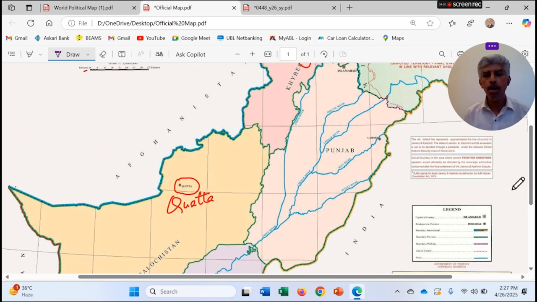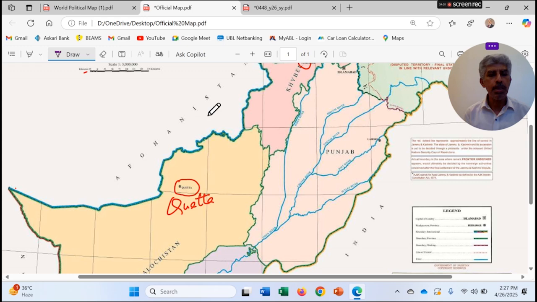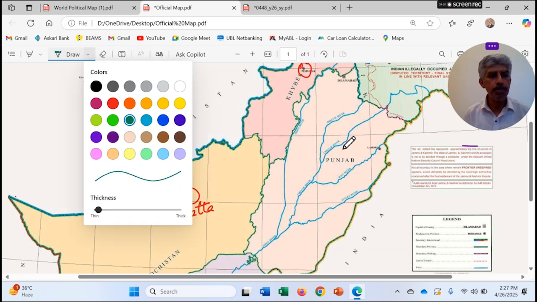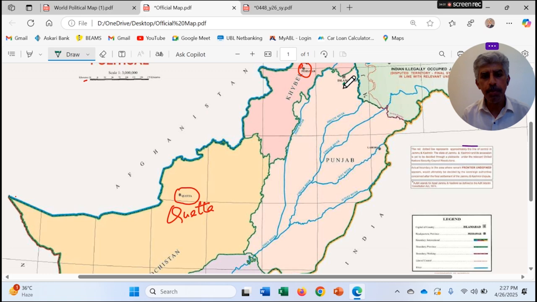Now here comes the province of Punjab. In Punjab province, one city, let me change the color, just in the south of Islamabad, this is Rawalpindi, and further in the north, this one is Murree, and here you have the provincial capital Lahore, and just in the north of Lahore, Gujranwala, and towards northeast, in this direction, here we find Sialkot.